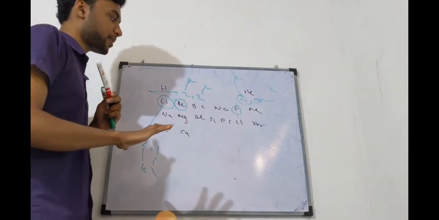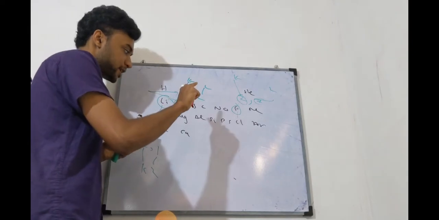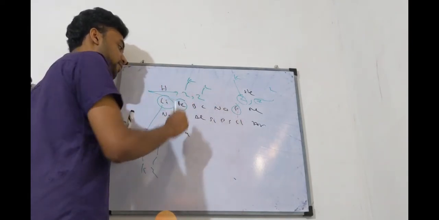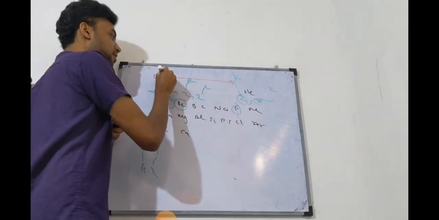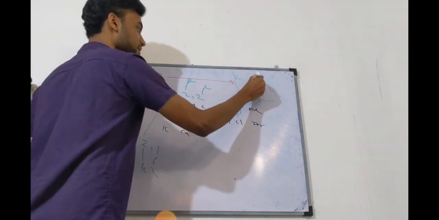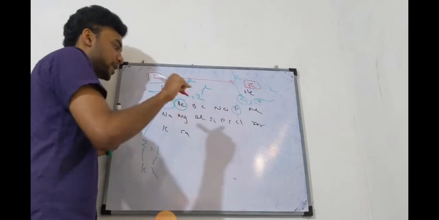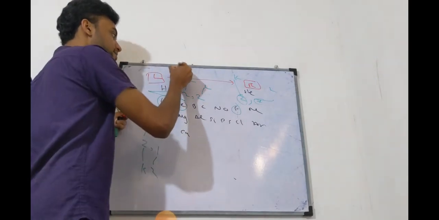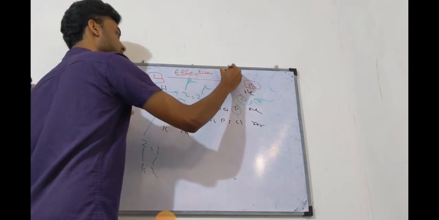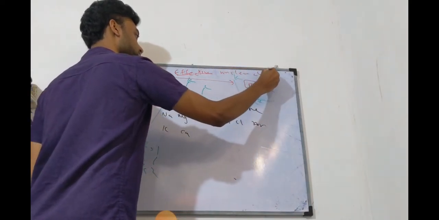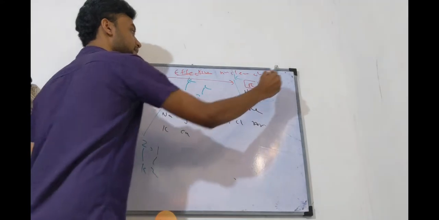But remember, more specifically we say atomic radius decreases from left to the right. When you go from the left side to the right side, atomic radius decreases because the effective nuclear charge increases.